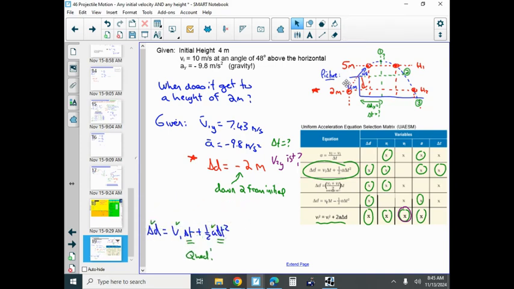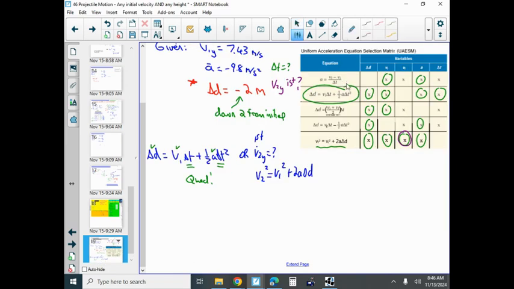Instead, you could get v2 first, in which case we'd have our v2 squared equals v1 squared plus twice acceleration delta d. Technically, we don't really want vector symbols on there because it's a little bit of a gray area where we're talking about vectors but squaring, and we haven't really officially done that yet. Cross product and dot product and so on. So we're talking about the magnitudes there, really.